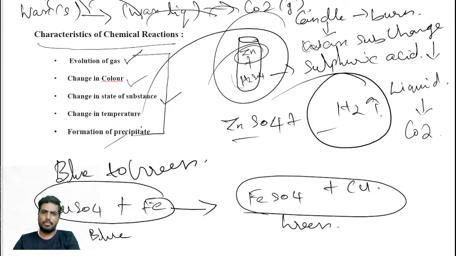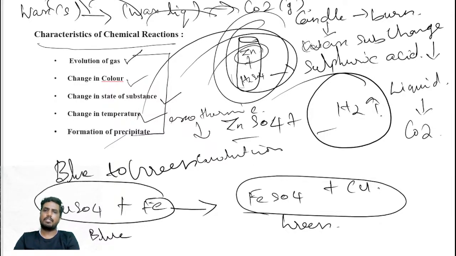And change in temperature. In other words, we say exothermic, which means evolution of heat. You can take the same zinc plus sulfuric acid, which will form zinc sulfate and hydrogen H2. You can see that the temperature will change.